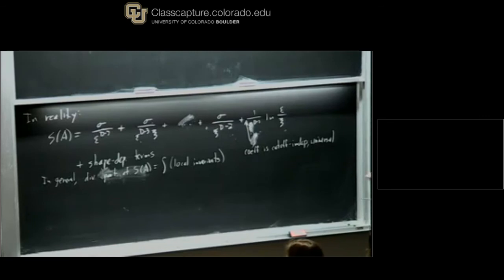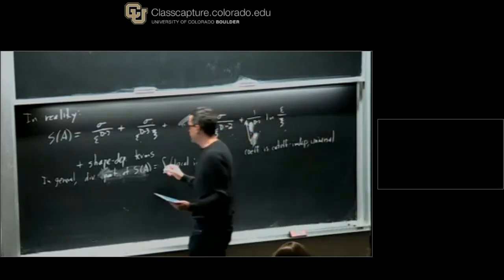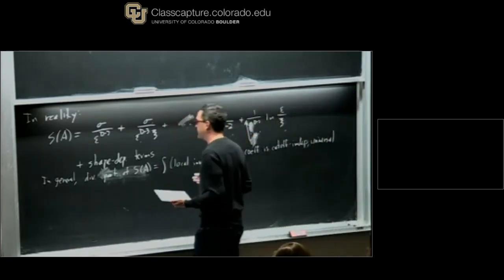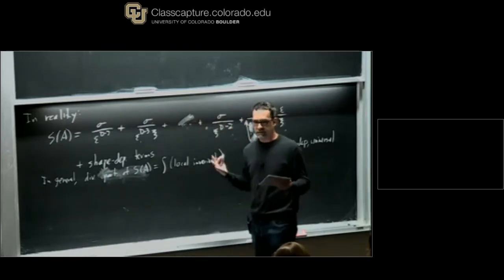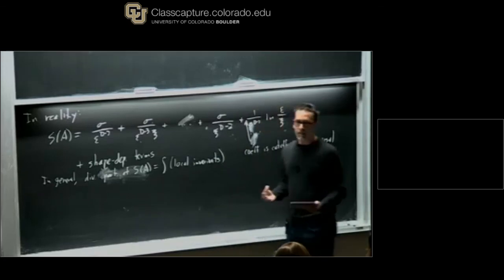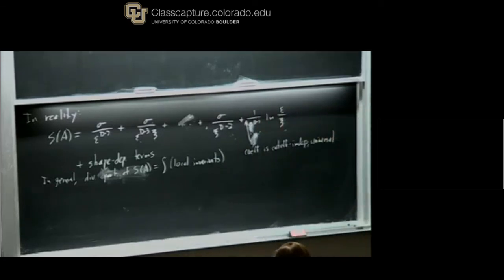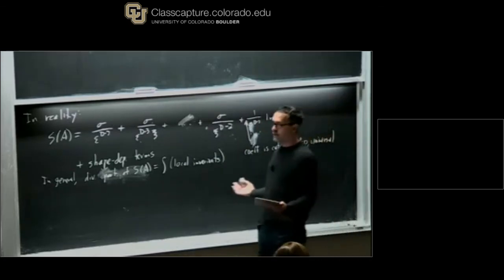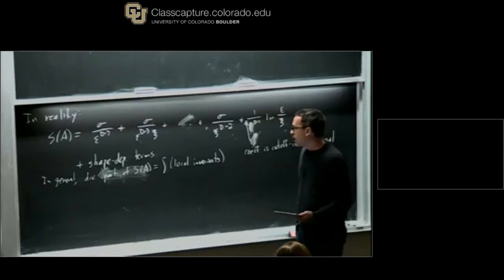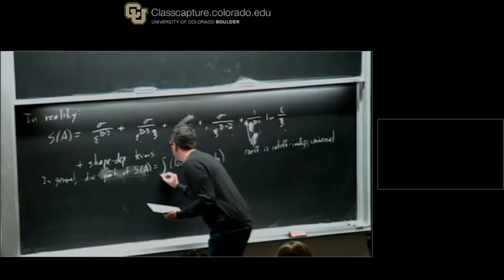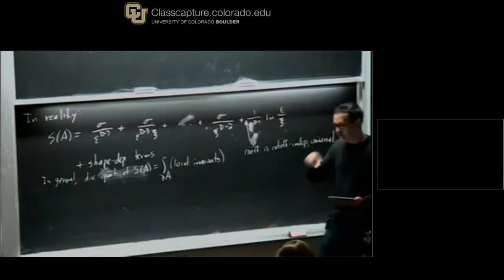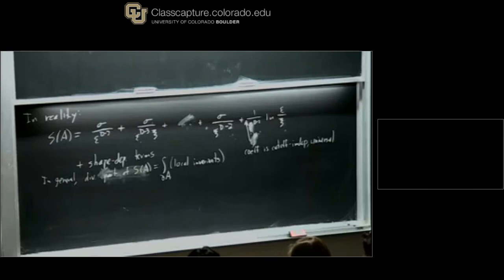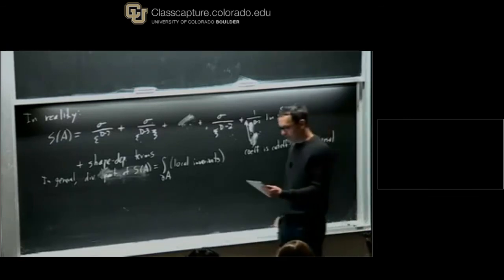I don't know of a proof of this, but in examples, this is what you see, and it certainly makes sense because the divergent part is some UV stuff, and therefore it shouldn't be non-local. So it's an integral over the entangling surface of local invariants of the entangling surface, and if you're on a curved manifold, the curvature of the manifold and whatever.